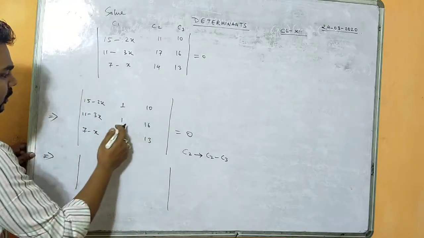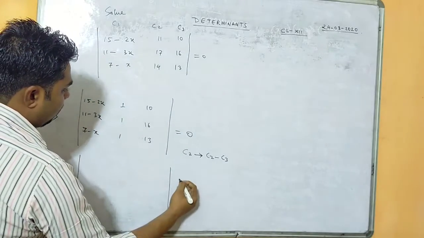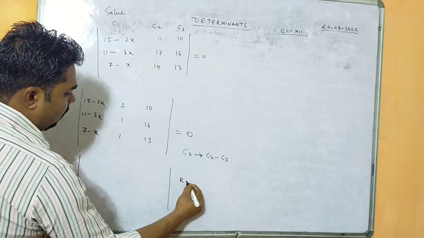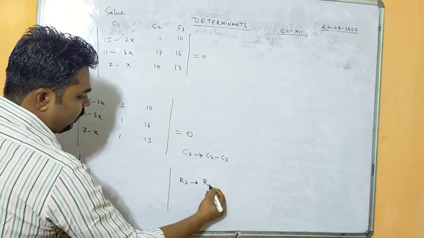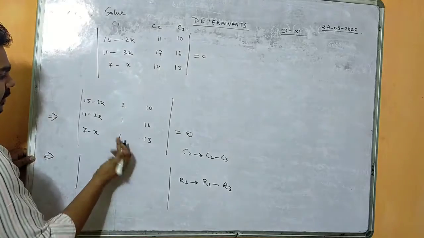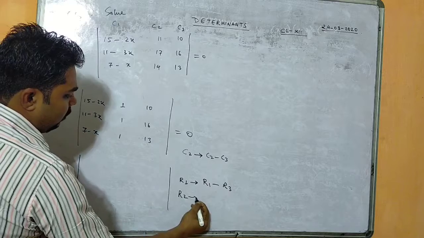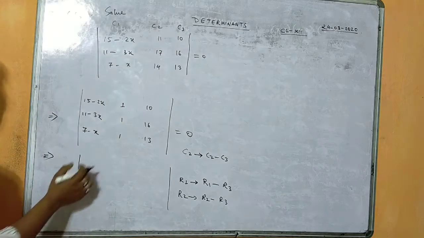Or you can do R1 minus R2, any rows or any column you can solve. Or whatever we have done in the previous question, let us do that one also. We will get the answer, that is R1 minus R3 and R2 minus R3.